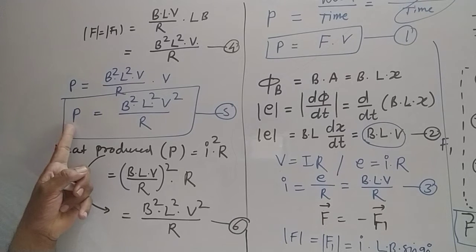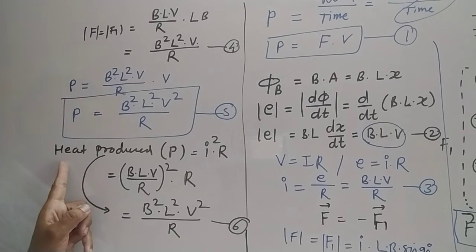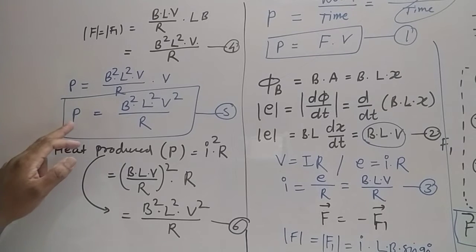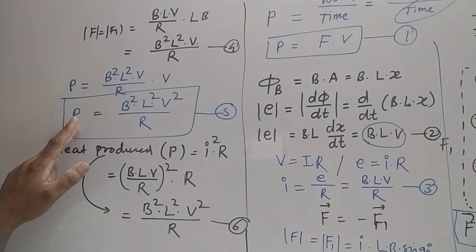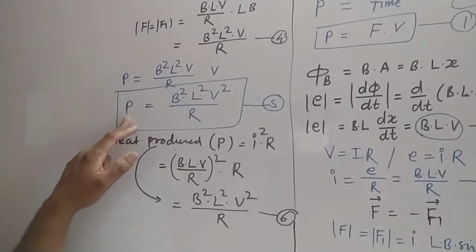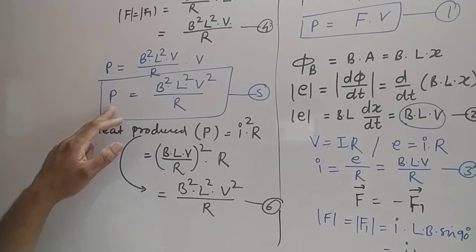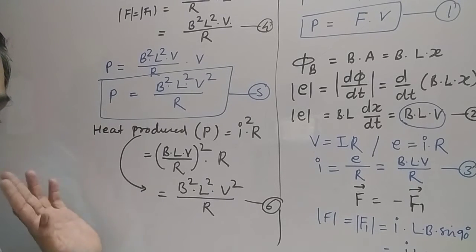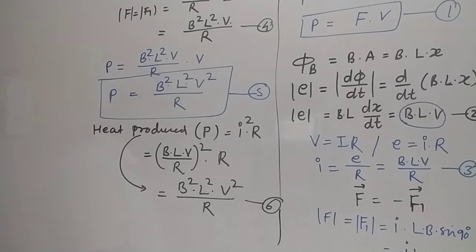So the rate of doing work on a loop must be equal to the heat produced in an electrical circuit, and this is the conclusion we have drawn from this derivation.